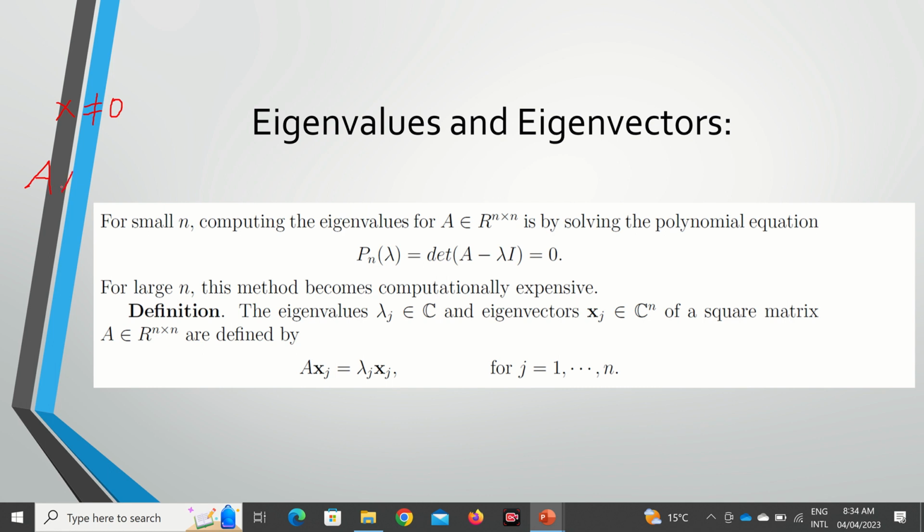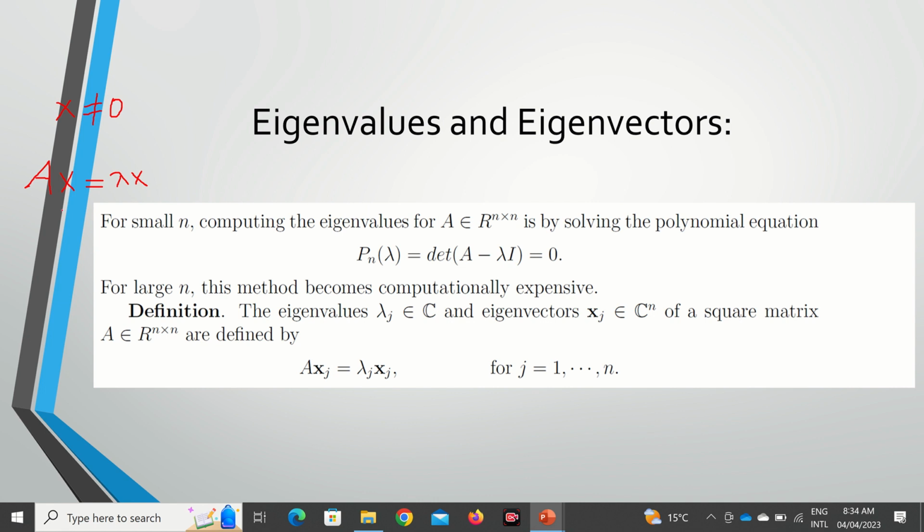So you'll be looking for a non-zero vector x such that when you transform that vector using this matrix A, it gives you a multiple of that vector. So we say Ax should be the same as lambda x. If this equation holds, we say lambda is the eigenvalue, whereas x is the eigenvector.